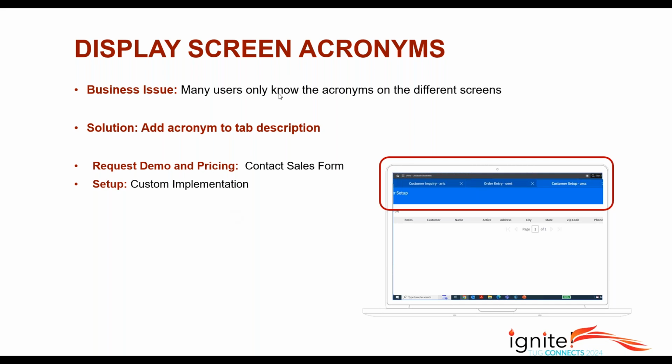The next one, display screen acronyms. We have a lot of users who are coming from SX, coming from Trend, and they need to know the information about what screens they're on because all they know is the acronyms. Or they're just in CSD and they only know acronyms, so they're looking for, hey, what's that screen acronym?